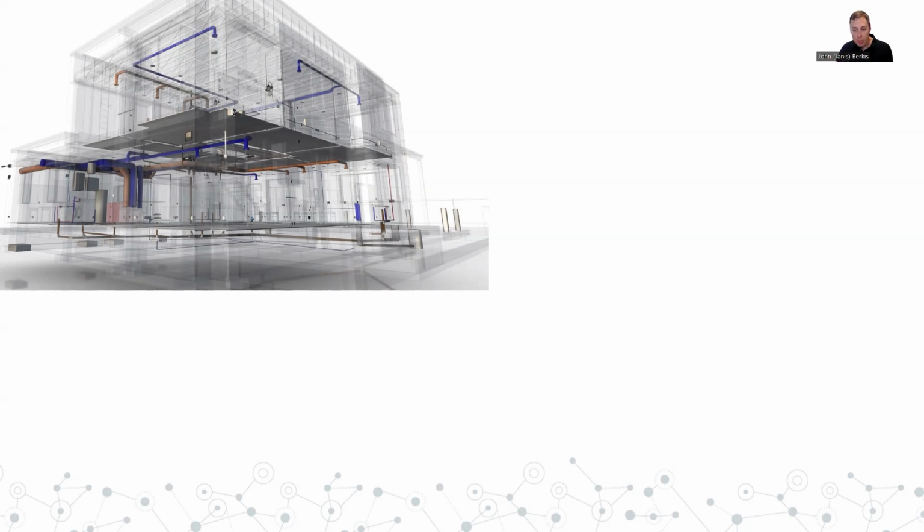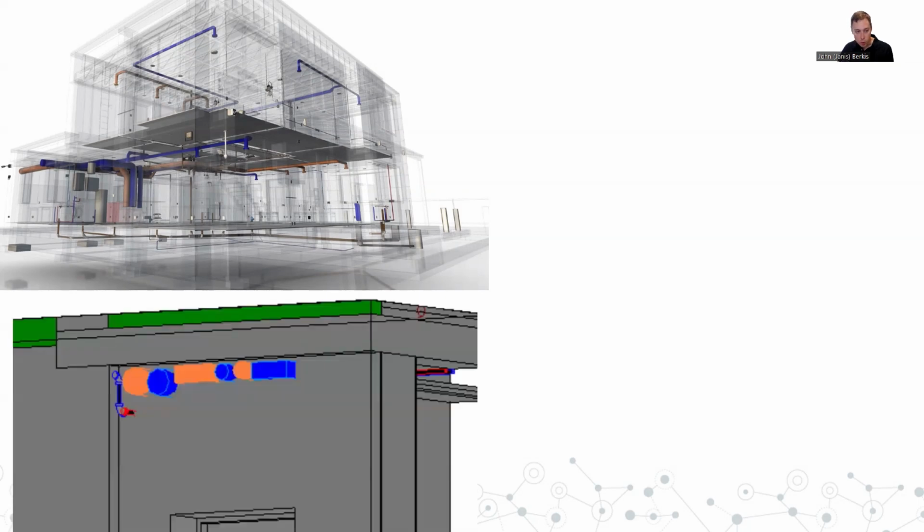And just a few examples of basically the issues that were found. So one of the big ones was that the structural engineer, I suppose, didn't know at all that there would be ventilation pipes in the building.